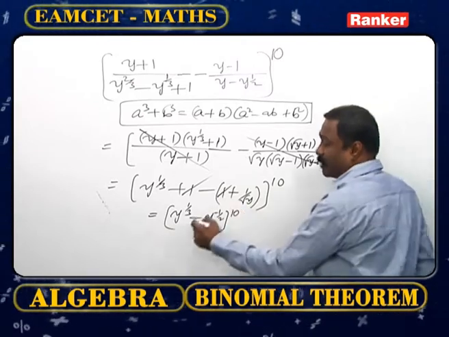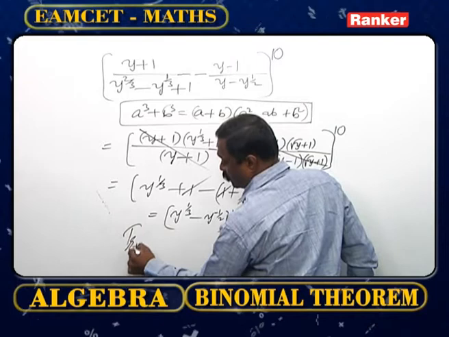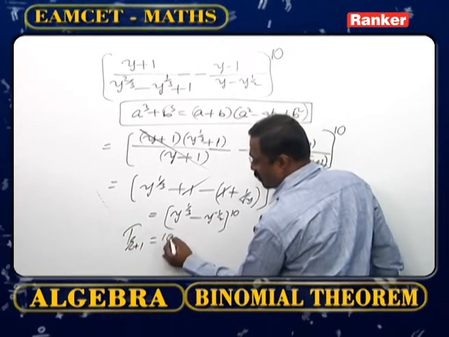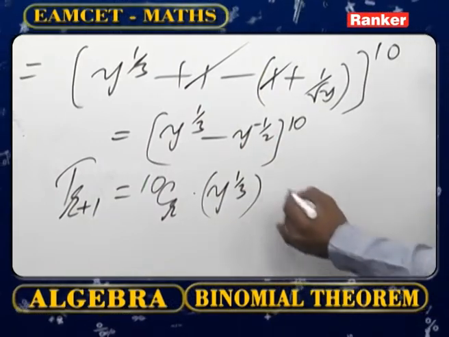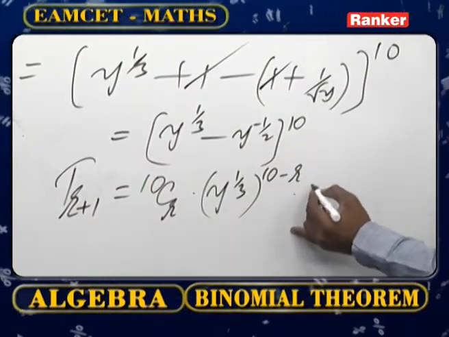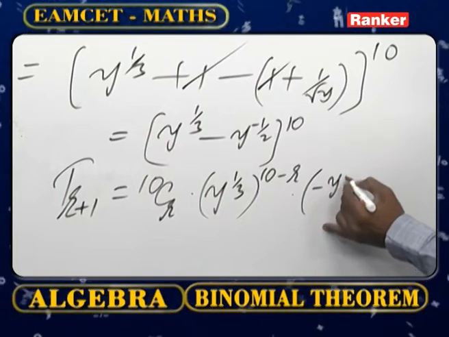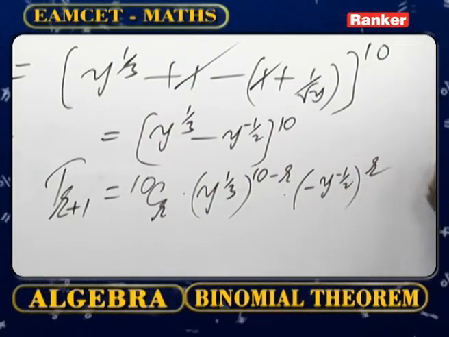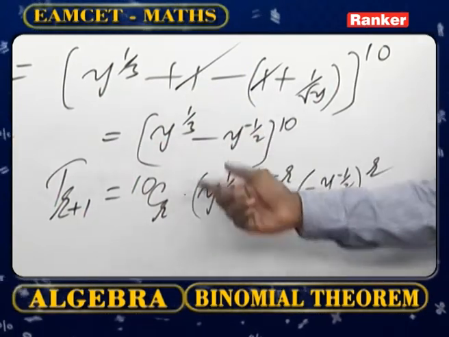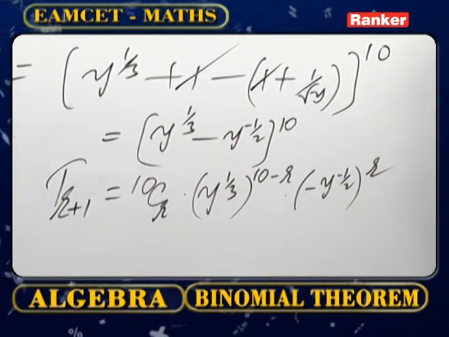So for that purpose, let me write the general term. The general term is nCr into x power n minus r into y power r. That's what it is. This is the general term.